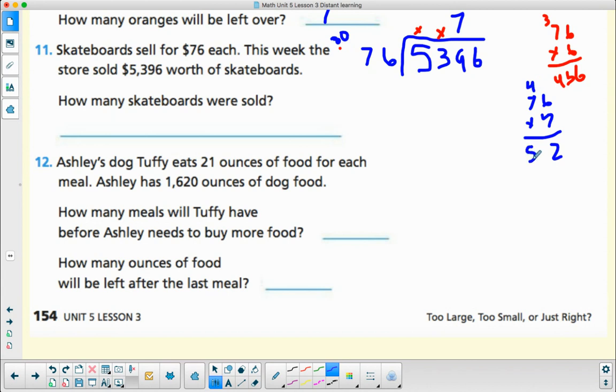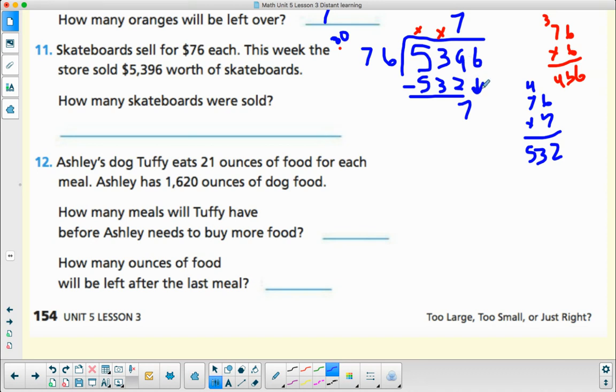That does look better. 532. As I subtract, I get 7 left. 7 is less than 76, so I'm good.